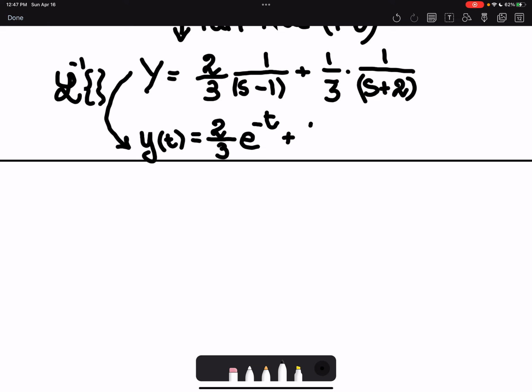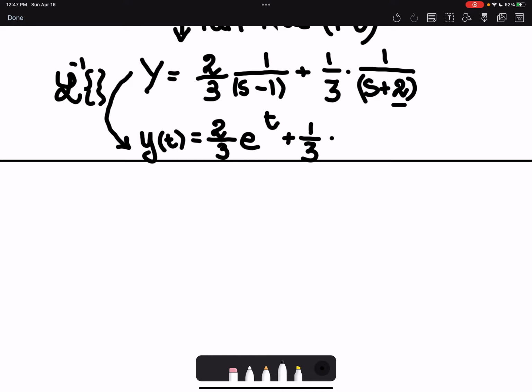And here we have plus 1/3. That could fit the same pattern. I just see a plus 2 instead of a minus a. That brings up a good point: here the a was positive, and so it was 1.